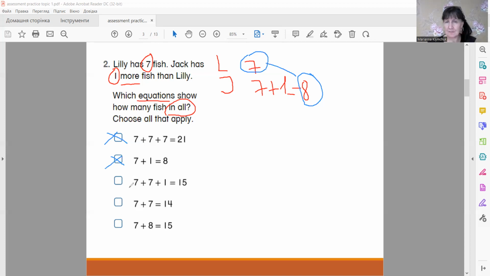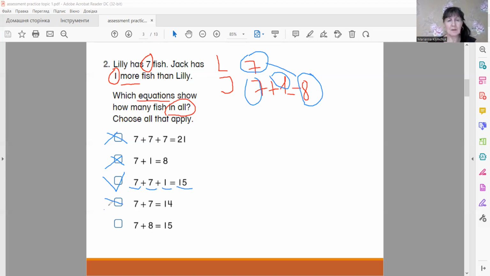Next one, 7 plus 7 plus 1 equals 15. Now let's check. Do we have here 7 and 1? Yes. So this is what we need. Okay, next one, 7 plus 7, 14. No, we don't have 7 plus 7, we have 7 and 8, okay?